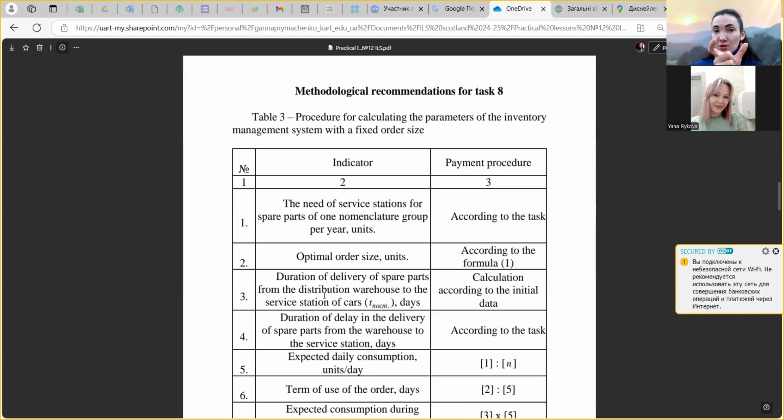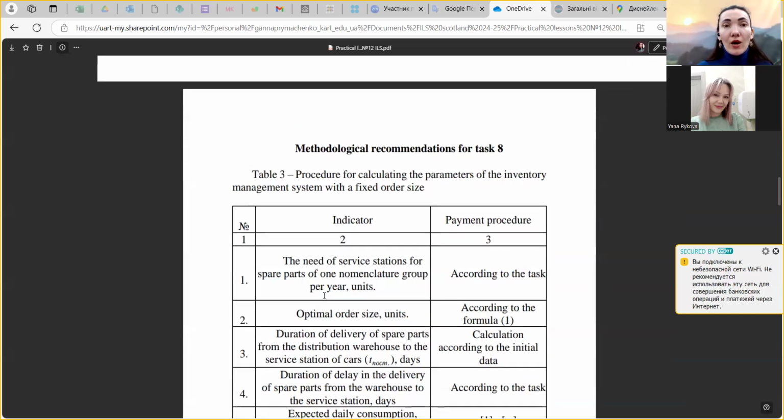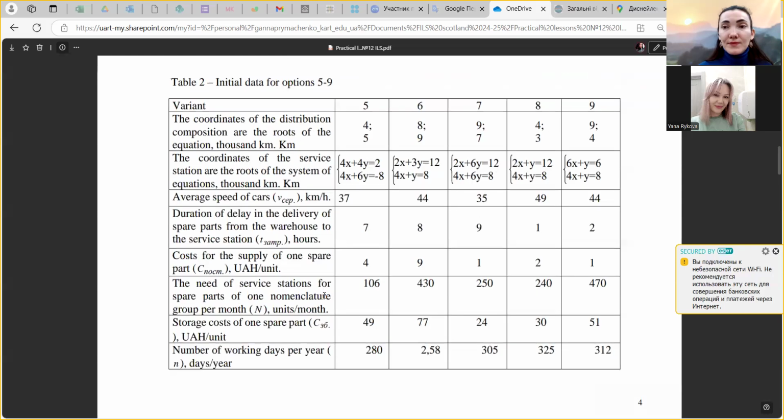We find the distance between these 2 points. First point is in our location warehouses, and second point is service station of cars. We find the distance in kilometers or 1,000 kilometers, maybe, yes? It is good. And now we need to find for our variant the speed for our cars.